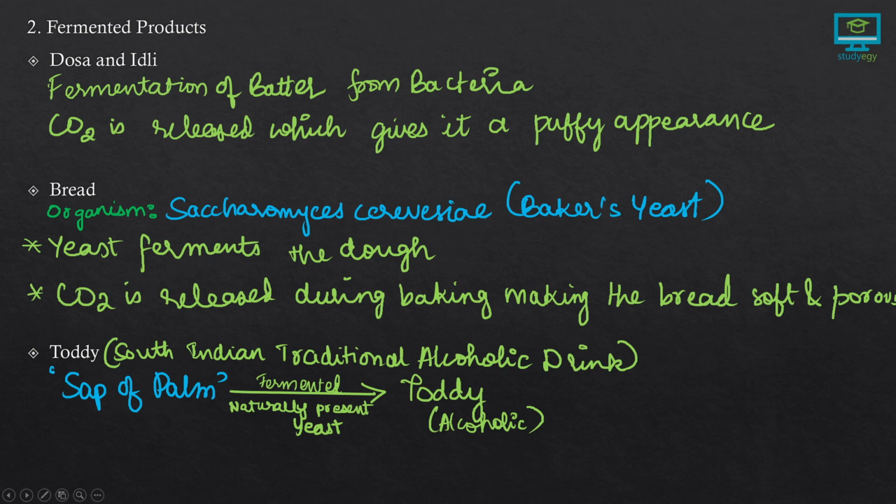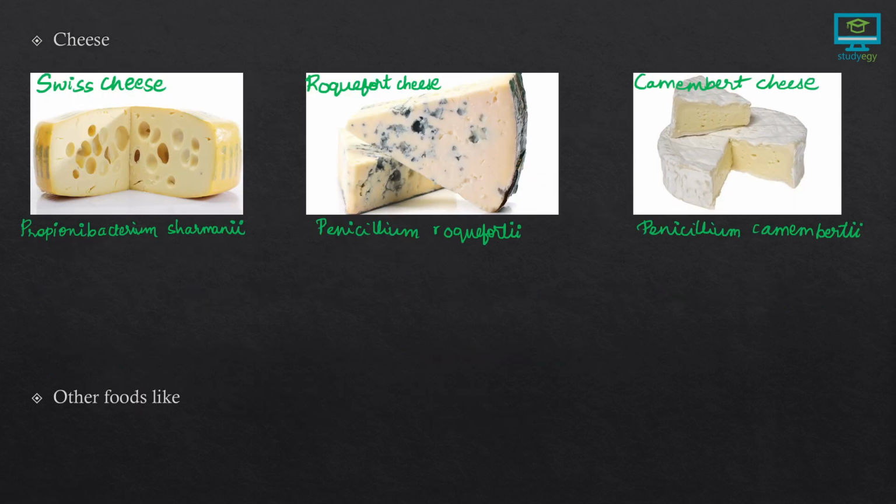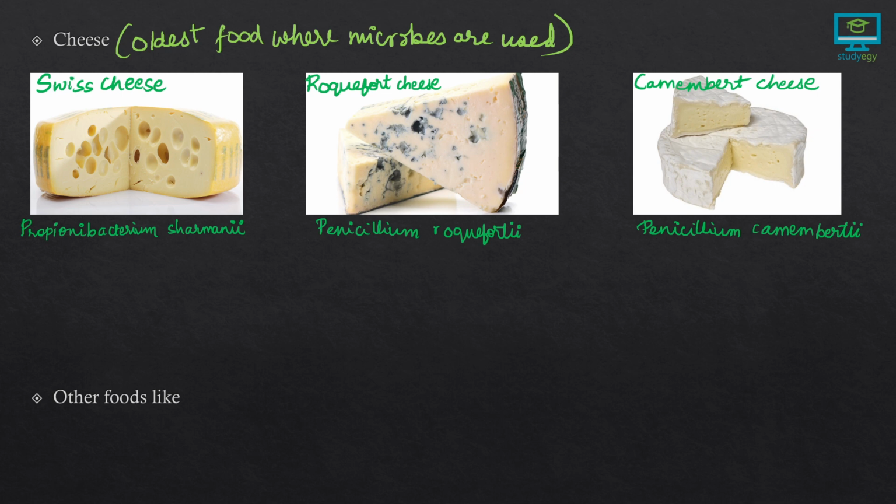Now coming to the next part, we have cheese. Cheese is one of the oldest foods where microbes are used. Another point is that we obtain different types of cheese depending on the type of microbe we use.